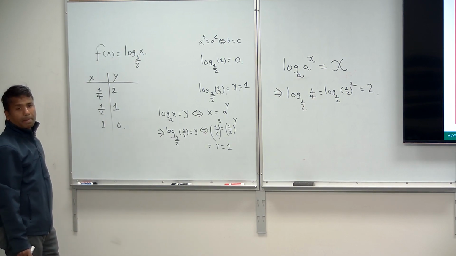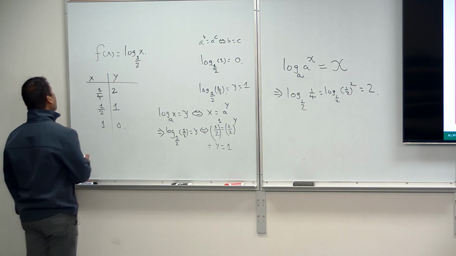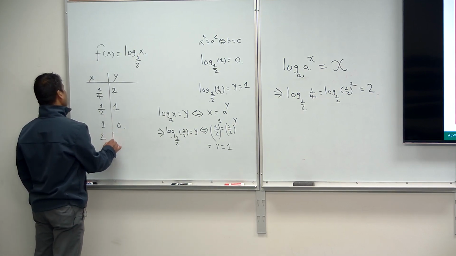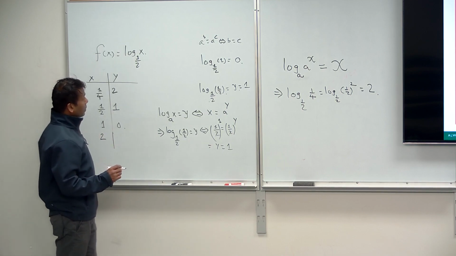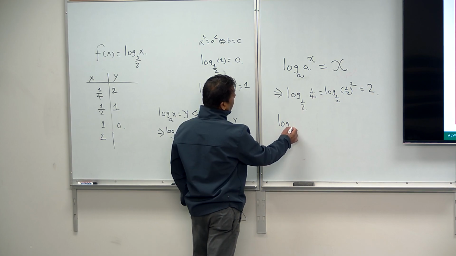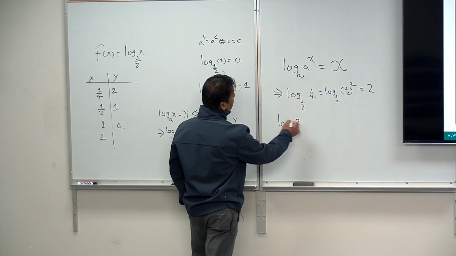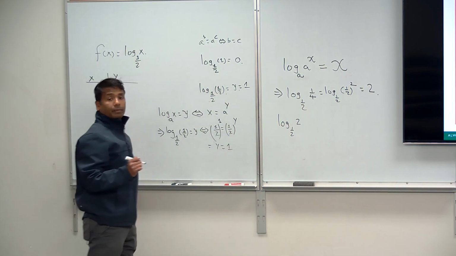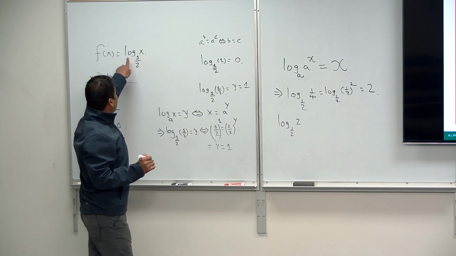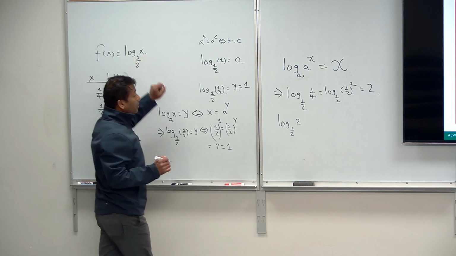You got it? Now, if you want to find out the value at 2, if you plug in x equal to 2, then you'll have a logarithm with base 1/2 of 2. Because you plug in 2 here. Logarithm with base 1/2 of 2.